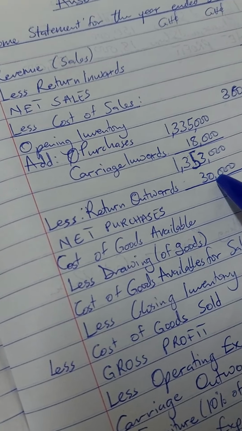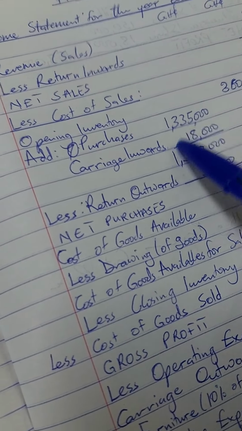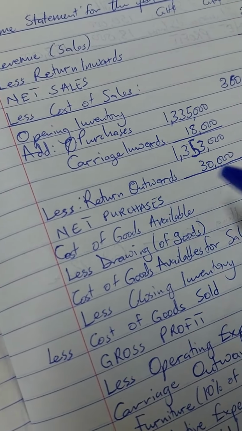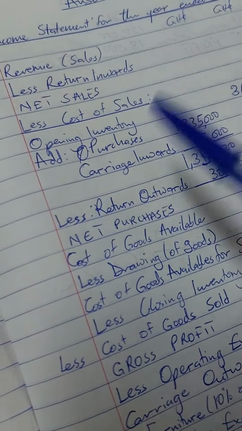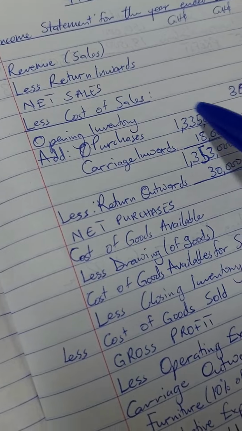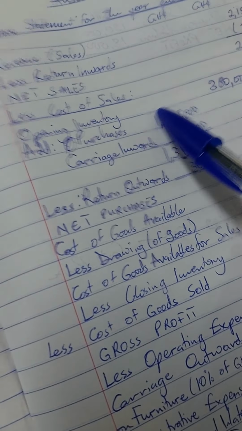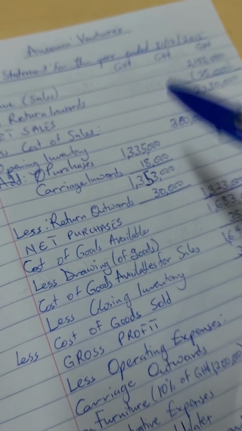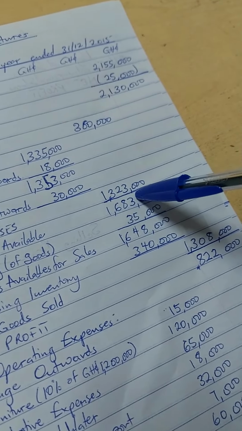You subtract your return outwards from the figure you got from adding carriage inwards to your purchases, and get your net purchases. So it's actually the purchases figure we wanted, but we have to do some workings for the purchases. That's why we'll solve it under this column before we bring the figure to this column.